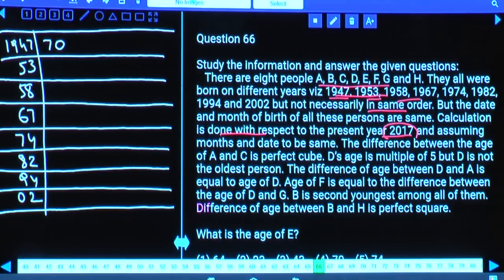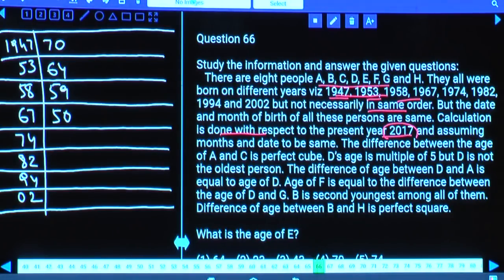And 47 to 53, how many years? Incremented by 6 years, hence the age must be 6 years less. 70 minus 6 is 64. The next one, 53 to 58, plus 5, here it must be minus 5, so 59. Next, 58 to 67, plus 9, here minus 9, 50.